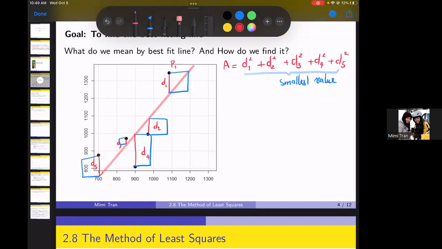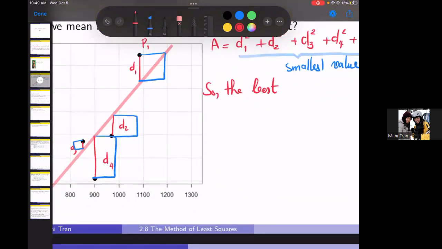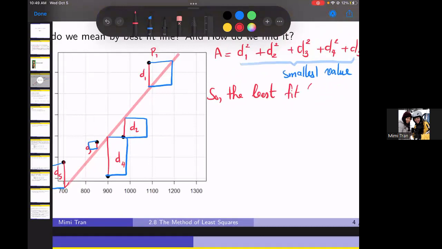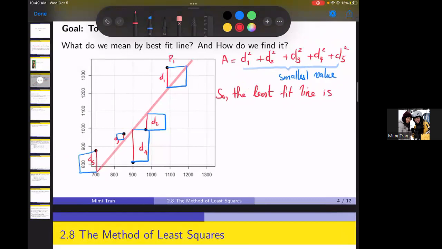So let me write something. The best, sorry, the best fit line is the line that gives the smallest sum of squares, plural, a bunch of squares.